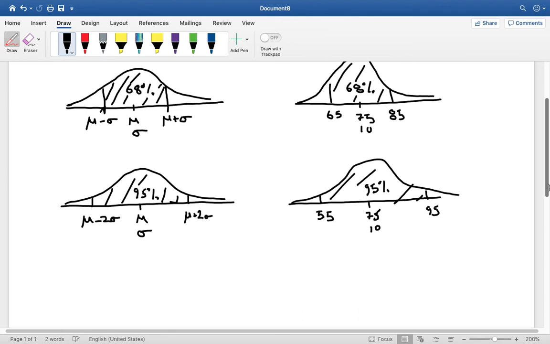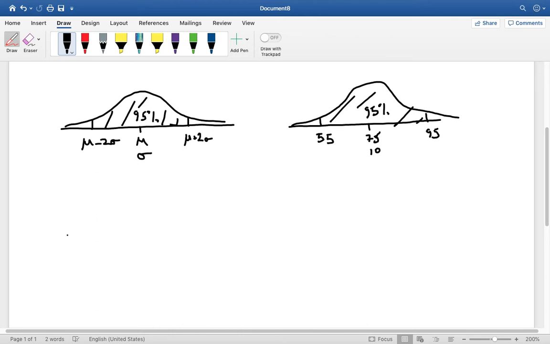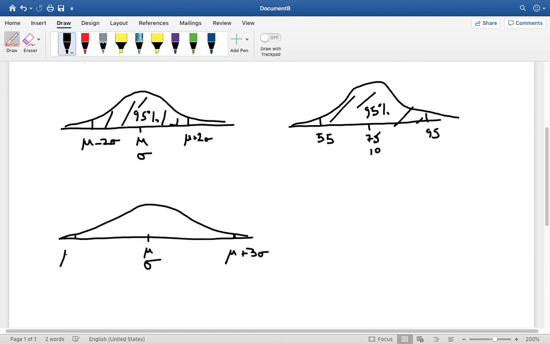And the final part of the rule, the empirical rule says, look, if I have the same scenario, same setup, if I take the mean and add 3 standard deviations, and I take the mean and subtract 3 standard deviations, in this resulting range I'm going to get approximately 99.7% of the observations.